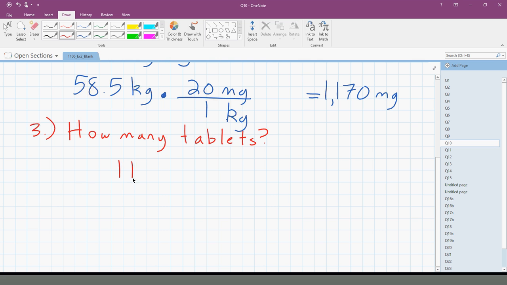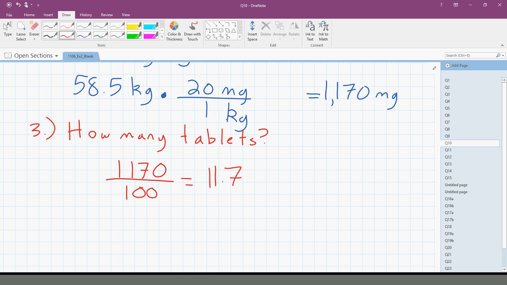So all you do is you take the 1,170 divided by 100. And what do you get? No worries. Good.